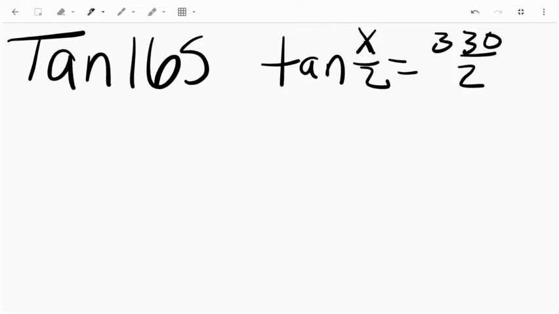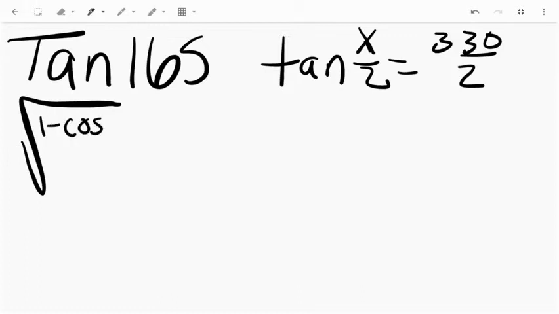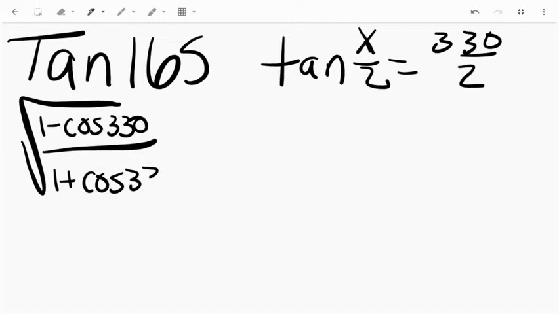And then we plug it into the function: 1 minus cosine of 330 over 1 plus cosine of 330.